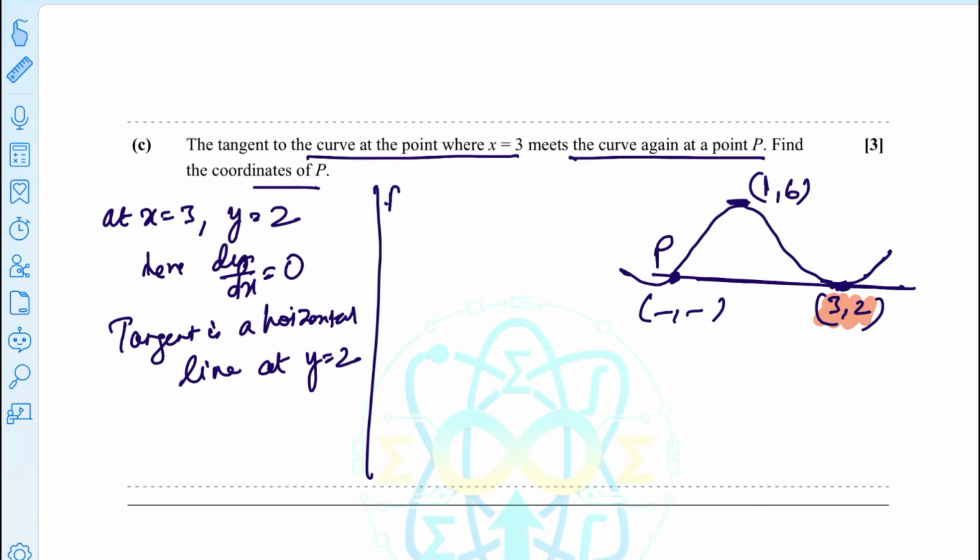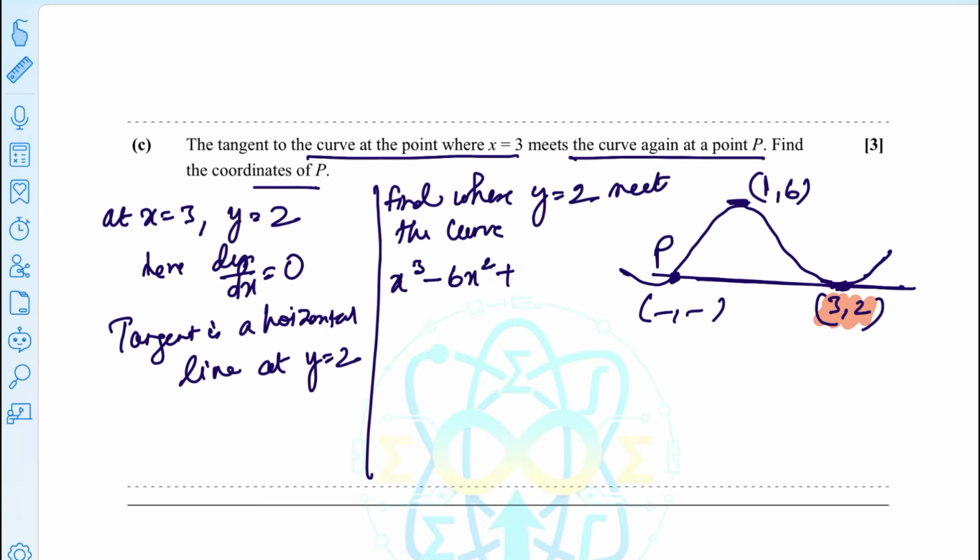We'll find where y equals 2 meets the curve. The equation of the curve is given: x cube minus 6x squared plus 9x plus 2.